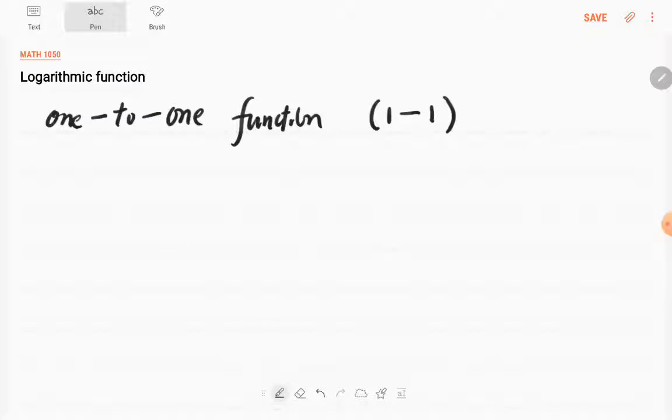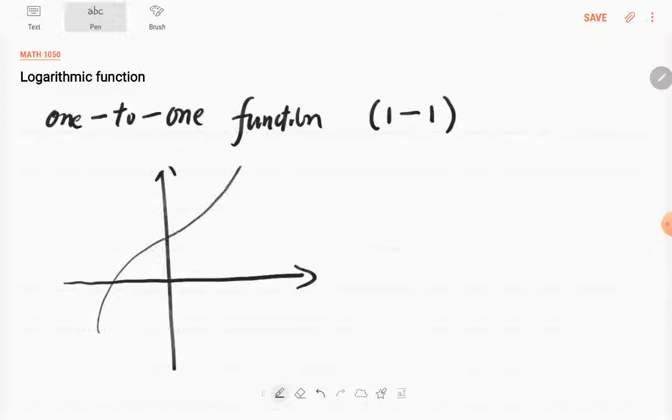Let's look at the following graph. This is a one-to-one function. Why? You see, for each y value in its range, there corresponds only one x value.